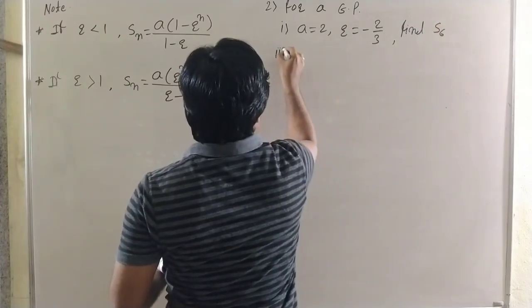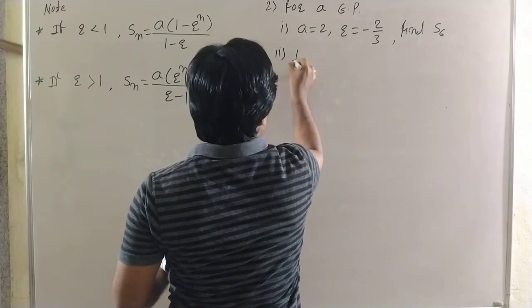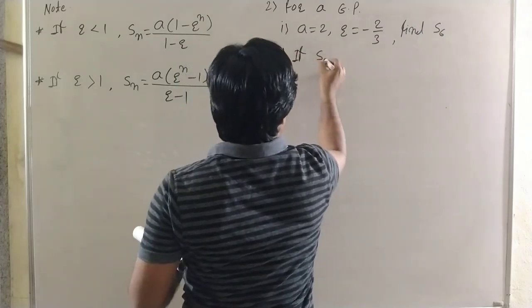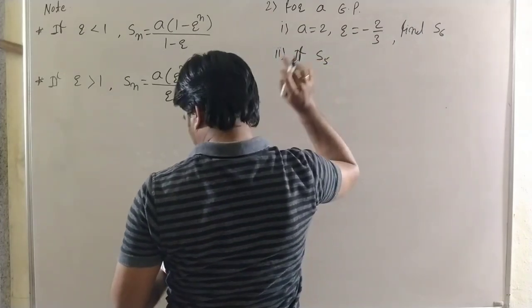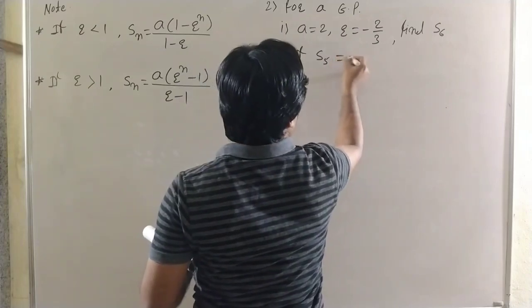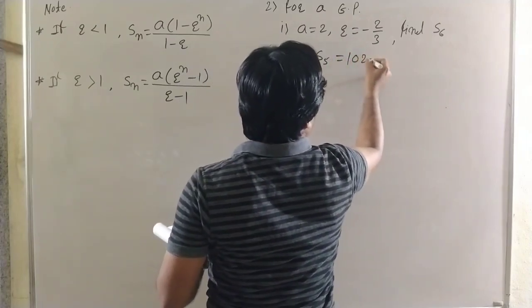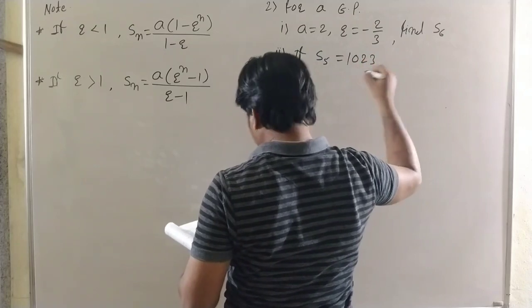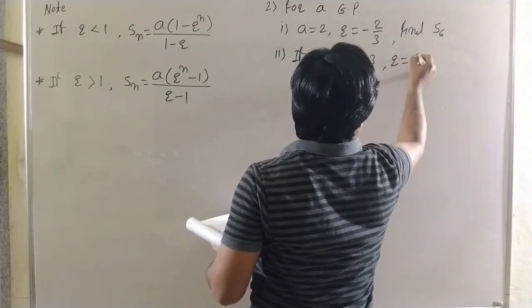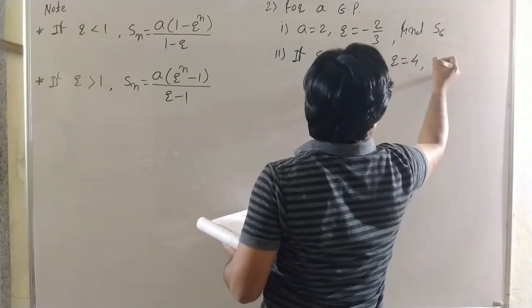And number 2: if S5, that is the sum of the first 5 terms in a geometric progression, is 1023, r is equal to 4, then find a.